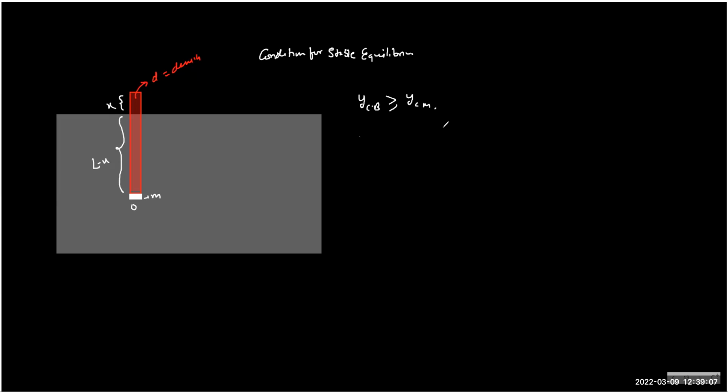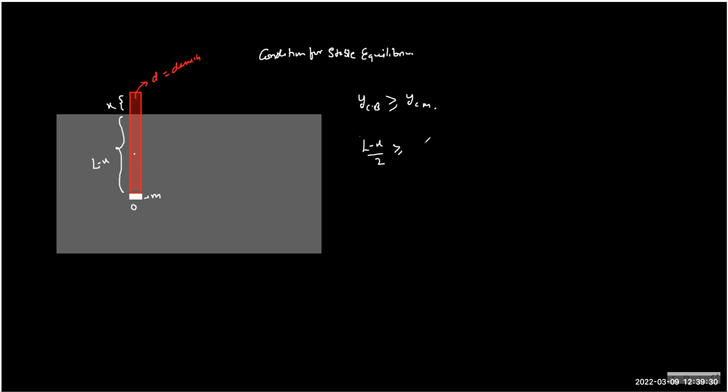Correct? So where can we find the center of buoyancy? From O I can see clearly the center of buoyancy will be (L minus X) by 2. Correct? The center of buoyancy is (L minus X) by 2, and this is more than the center of mass.